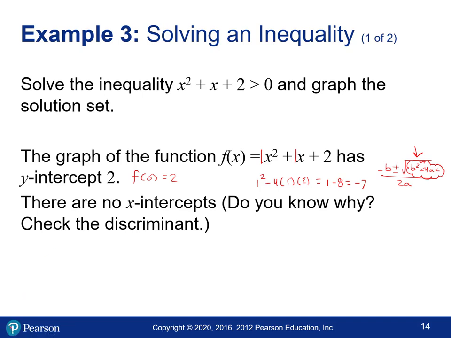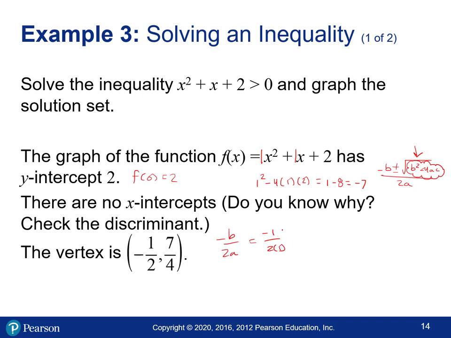And so we don't have x-intercepts on this graph. Then we use our vertex formula, so negative b over 2a. Just plug in a as 1 and b as also 1, and simplify. You'll get negative 1/2, and then plug that number back into your function, and that's where 7/4 comes from.